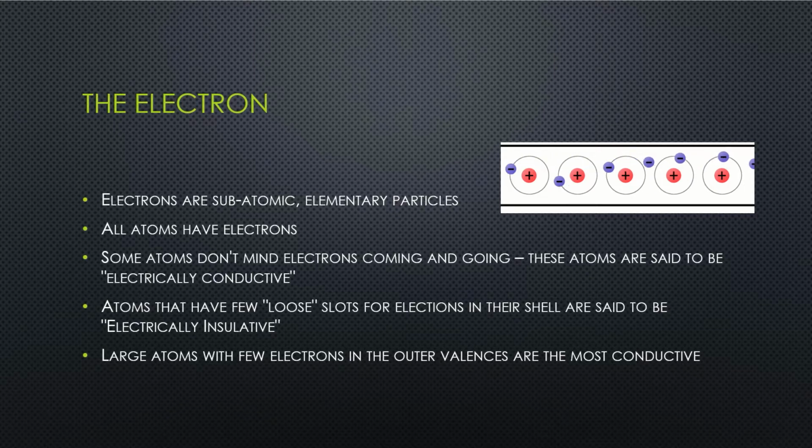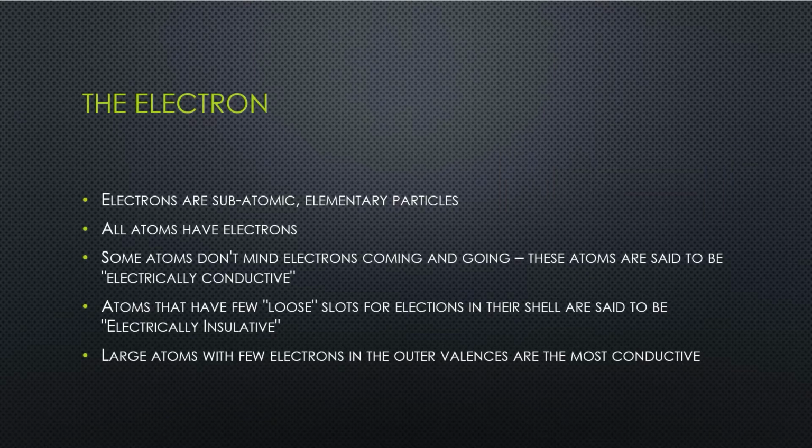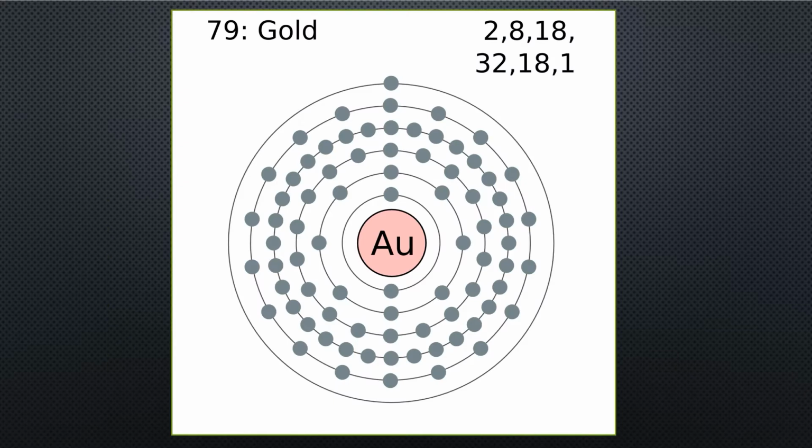Large atoms that have just a few electrons in their outer shells are most conductive. So here we have gold, for example, and you can see that there's just one electron in this outermost shell for gold, and that means there's a lot of electrons that can come and go, and so gold is very electrically conductive.